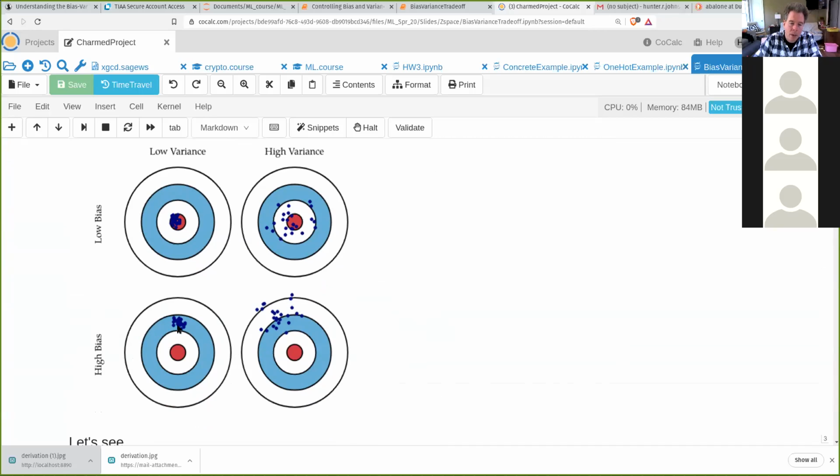Here they're tightly clustered and aggregating far from the bullseye. Here the mean of these points is still far from the bullseye. What bias is in this metaphor is the center or the average of these bullet holes. If the average of the bullet holes is far from the bullseye, that's high bias.